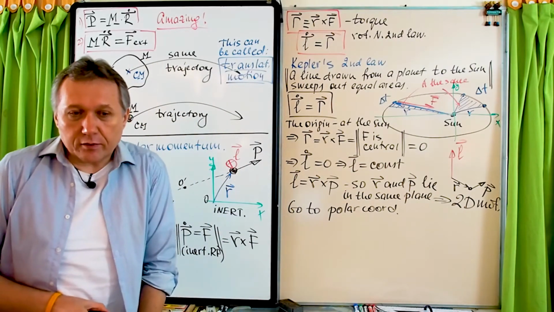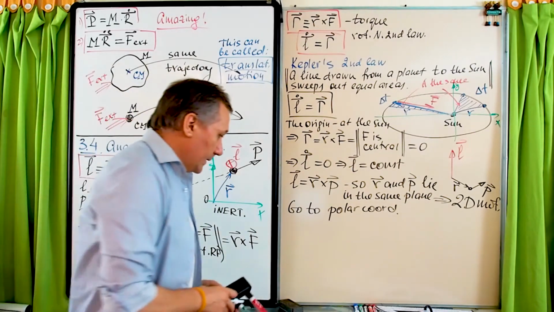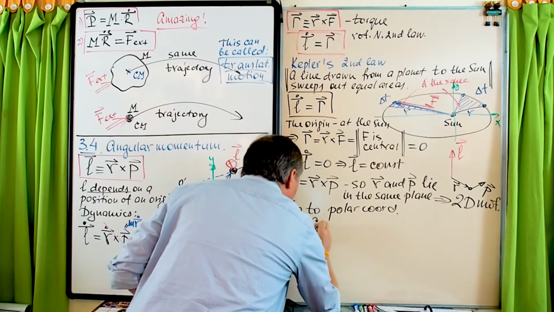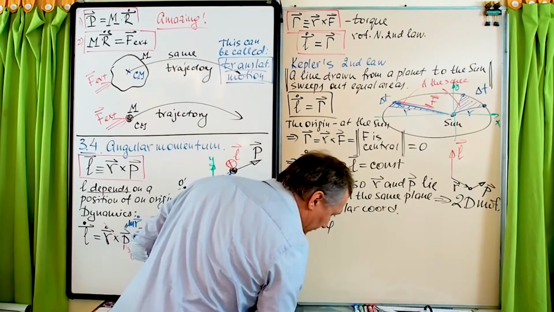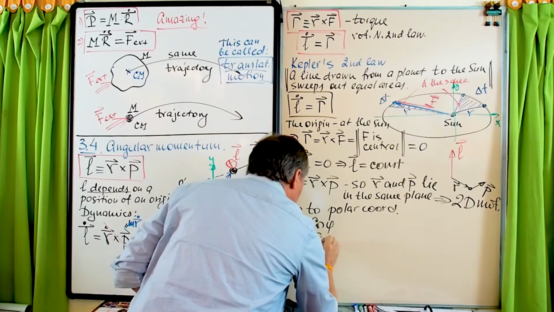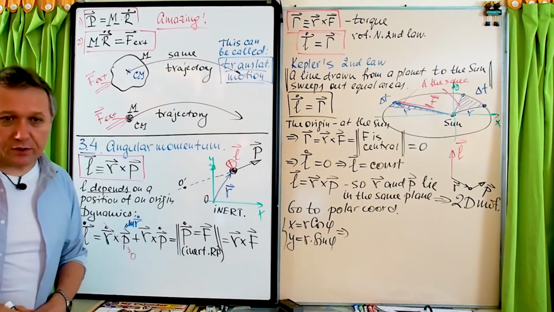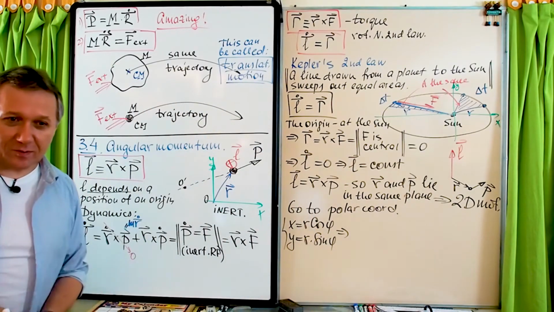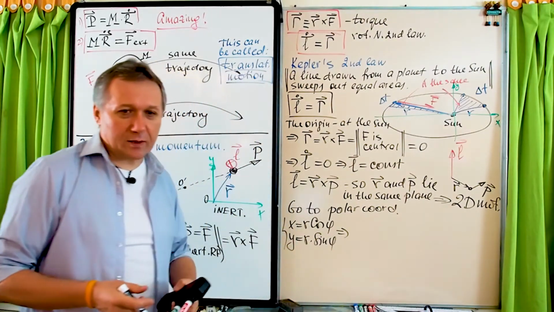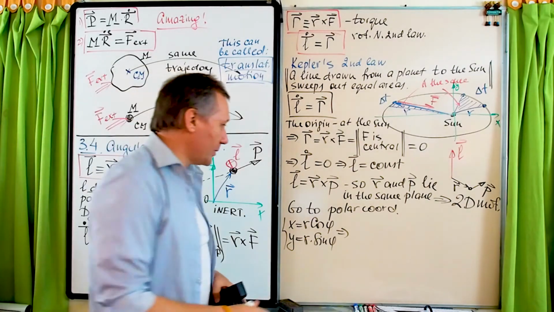You can make any transition. I will just outline quickly what I've done in my notes. Of course, x equals r cosine phi, y equals r sine phi. Of course, you can differentiate in order to get the x component of linear momentum, y component, or you can just immediately write down the L determinant and open it up.